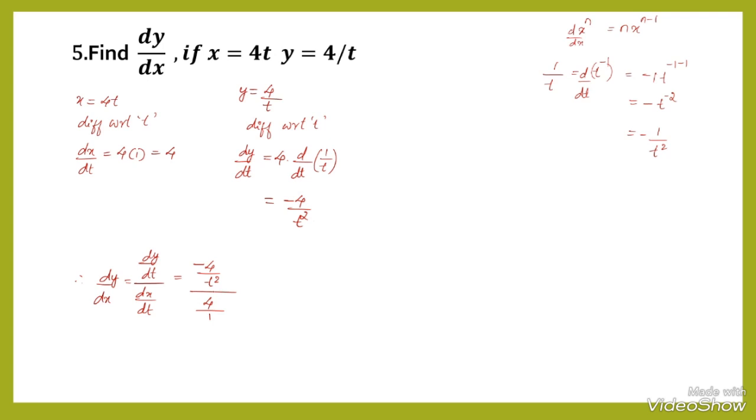Using the denominator rule, minus 4 is multiplied with 1 divided by 4 into t square. The 4 gets cancelled. Then it can be written as minus 1 by t square. Therefore, dy by dx is equal to minus 1 by t square.